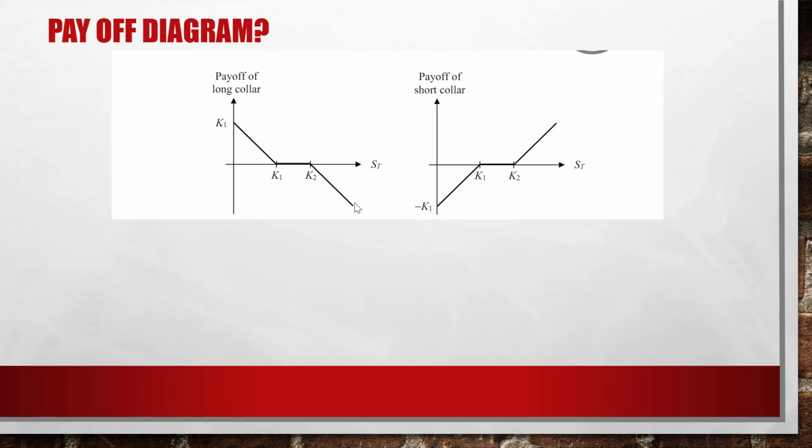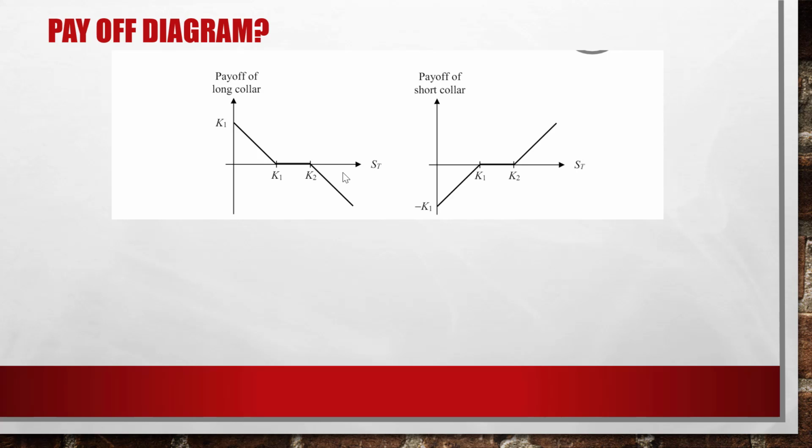And the short collar is kind of just flipping the side. So let's say for the first graph, when the stock price is greater than K2, the payoff is minus K2 subtract K1.